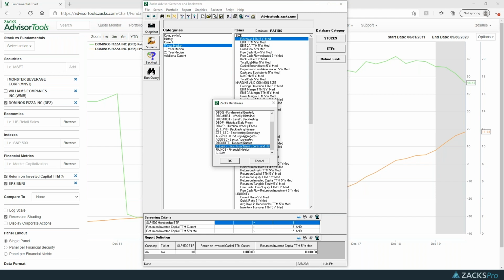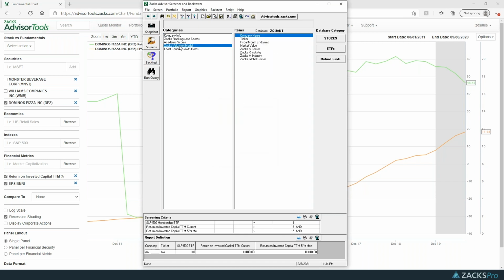and that is utilizing our Zacks valuation model. So I'm going to come over here to the ZQuant database, and over here you'll see the Zacks valuation model.